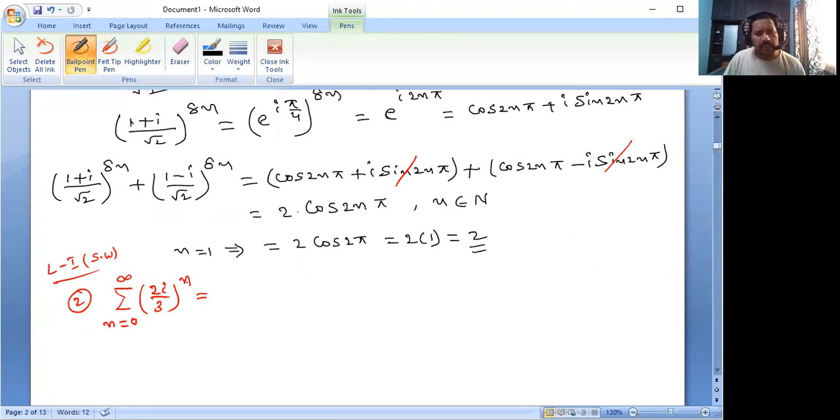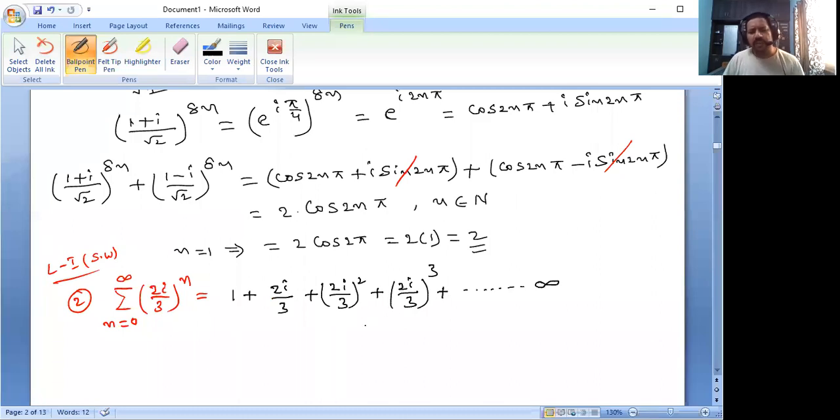In place of n, substitute 0, 1, 2, 3, 4 like that. If you substitute 0, anything power 0 is 1, plus, if you substitute 1, you will get 2i by 3 plus (2i by 3) whole square plus (2i by 3) whole cube and so on up to infinite.